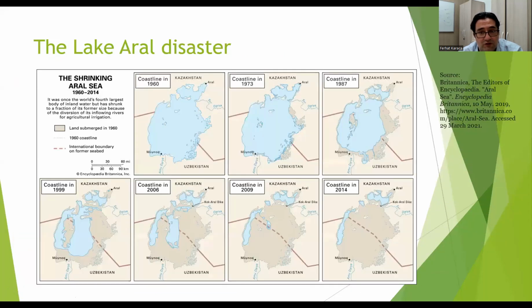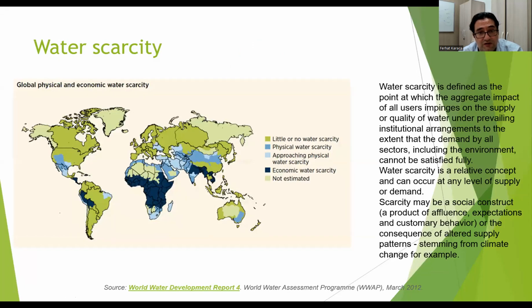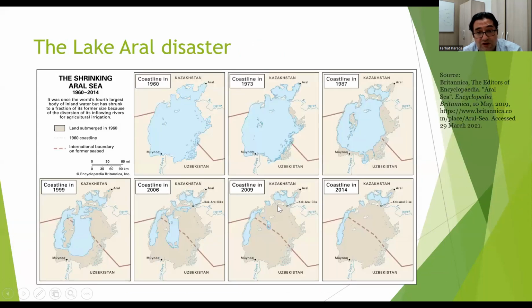And again, if you look at this figure, I'd like to remind you that maybe our country, Kazakhstan, is not experiencing water scarcity now, but we might experience it in the future because of climate change and bad management. It is quite easy to pollute a water resource.